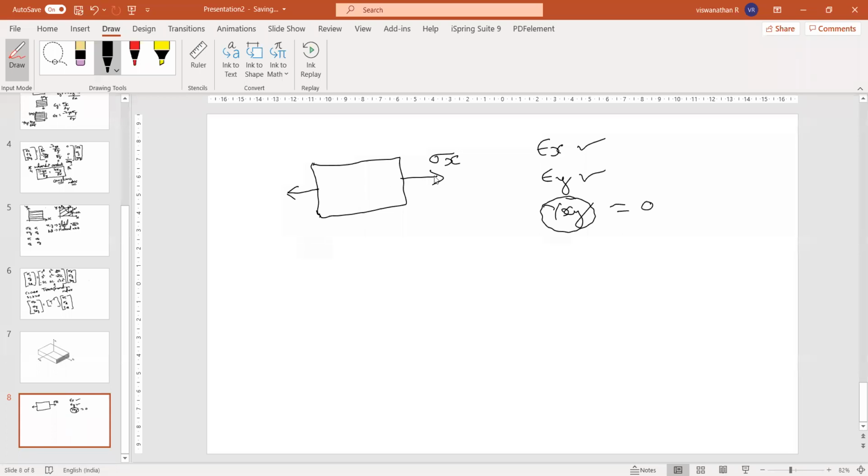You get extensional strain for extensional stress. When you have extensional stress, you get only extensional strain and not a shear strain. This is the case of what? Isotropic material.